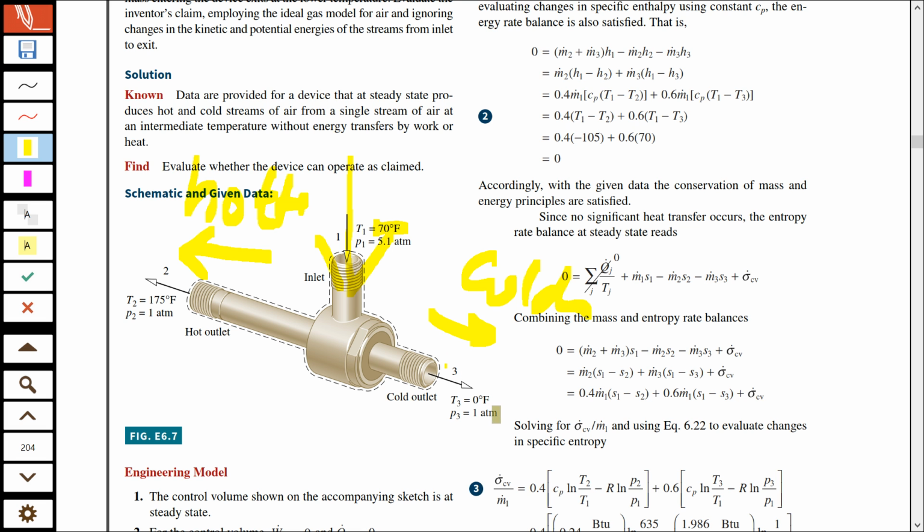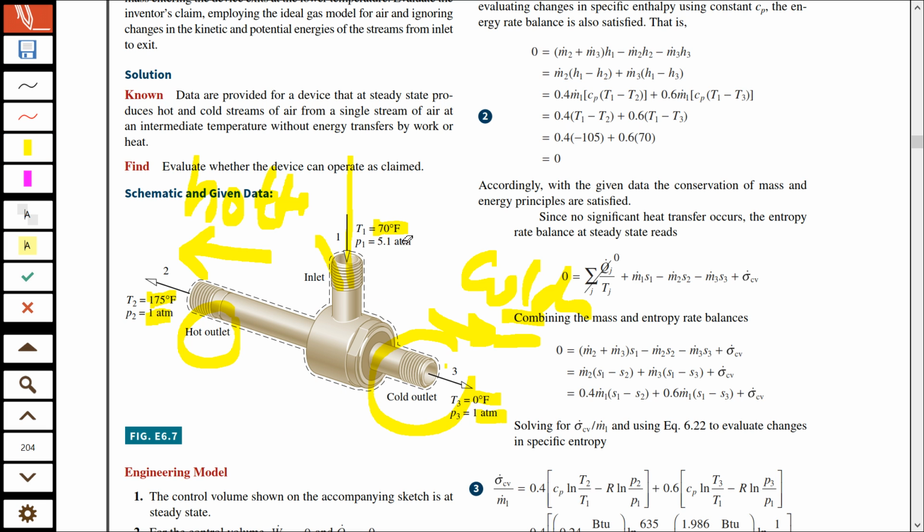So 70 degrees Fahrenheit in, 0 Fahrenheit, this is colder, definitely. And 175 hotter. The pressure in both cases, for both the outlets, cold outlet and hot outlet, is the same, 1 atmosphere.